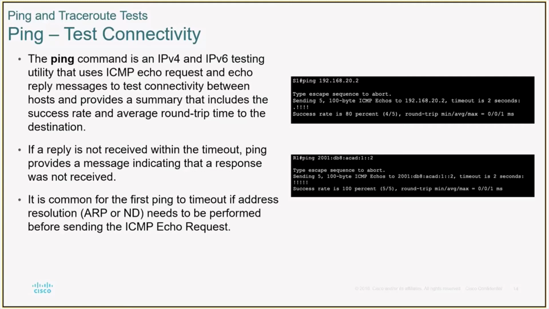It is common for the first ping to time out if address resolution, be that ARP or neighbor discovery, needs to be performed, but normally subsequent messages will succeed. And so that's what this example up the top here is saying, is the first one failed just because we didn't know the MAC address of the destination. But if you do it a second time, you'll probably get all 5. And of course, this is an example of IPv6 ping as well.